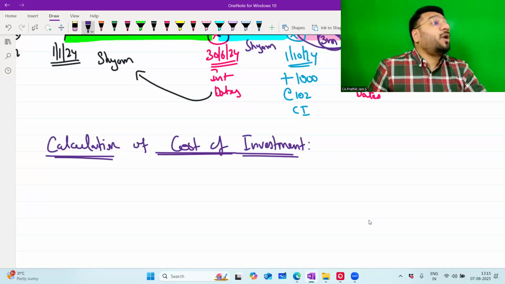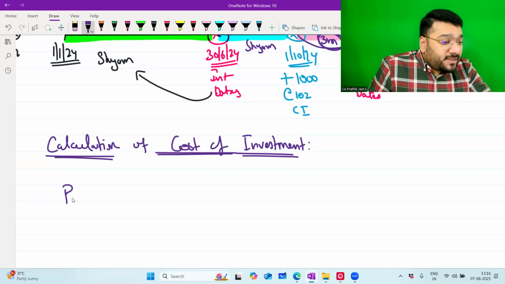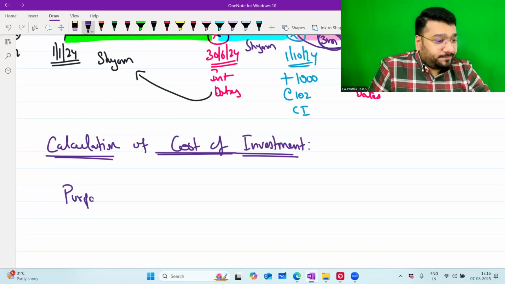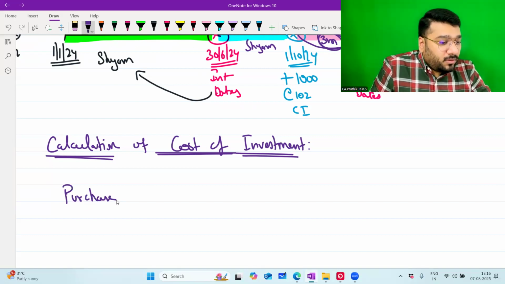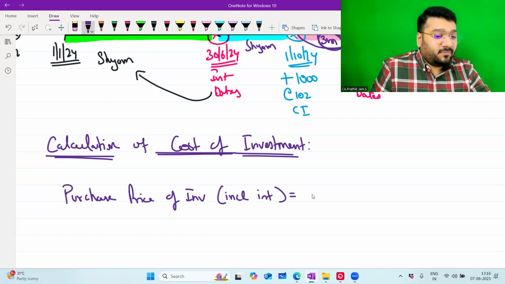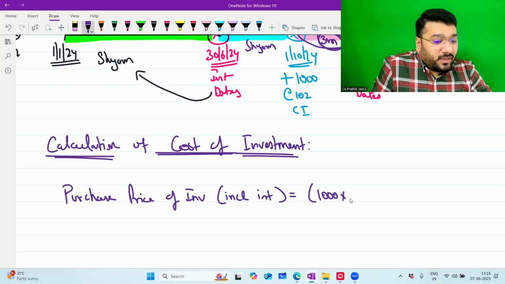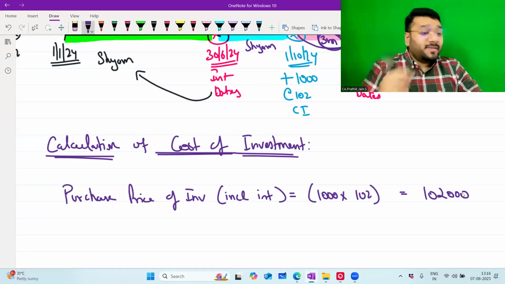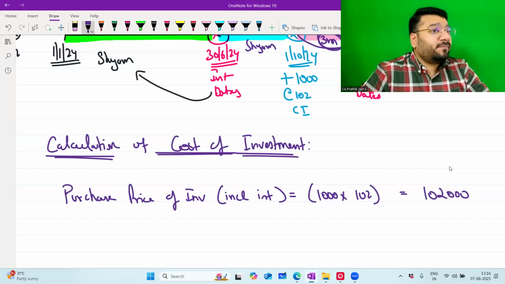So purchase price of investment, including interest, is 1000 into 102. How much? 1,02,000.